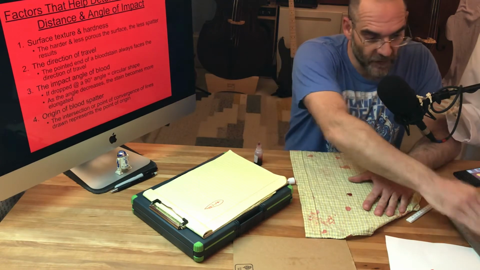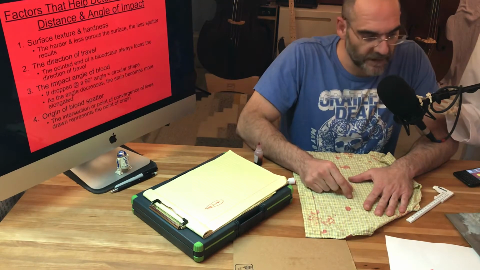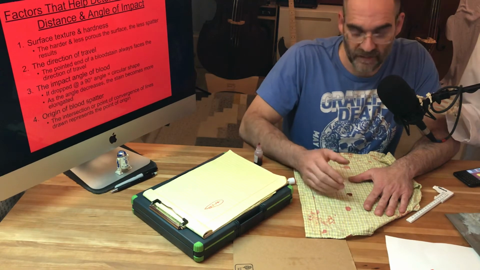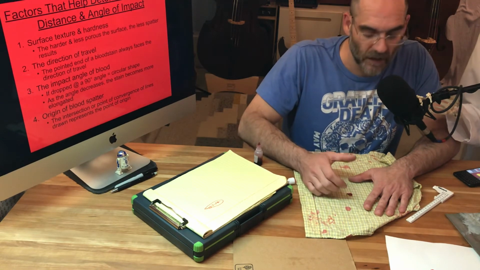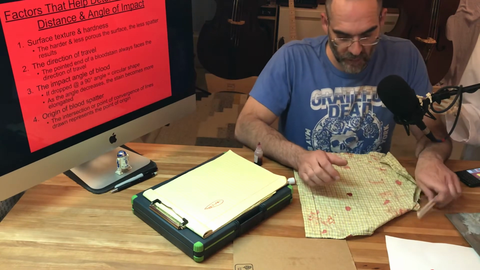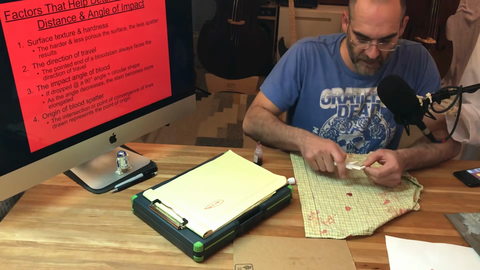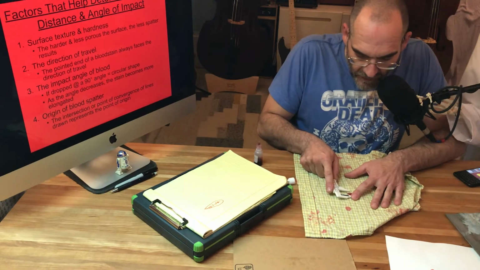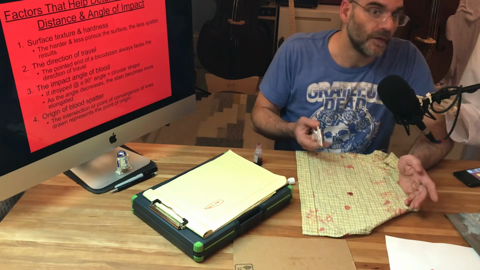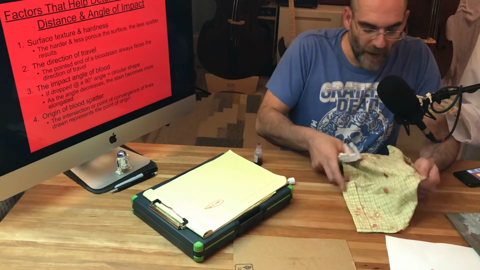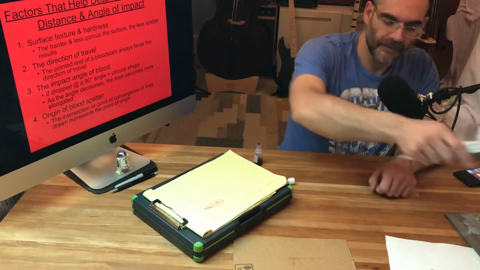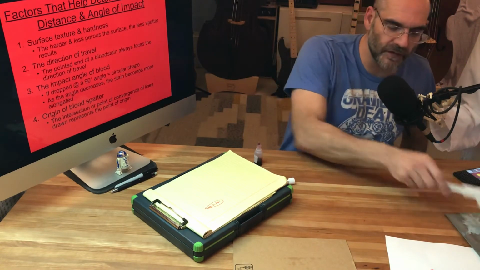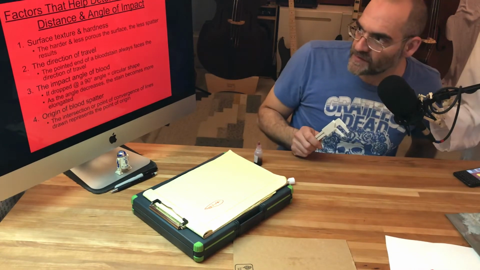When it's on the hard surface, with more time, it will regroup. So this is starting to continue to spread out even further. And so when we measure this guy, we're sitting at 32. So just on a quick demonstration, you can see that the harder, less porous the surface, the less spatter will result.